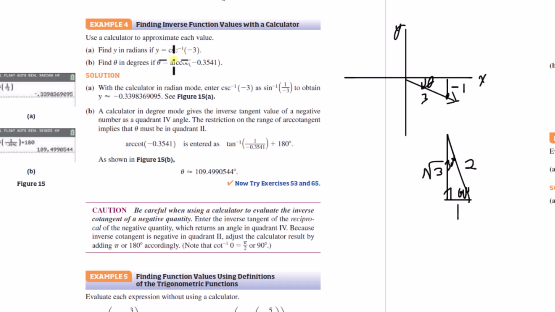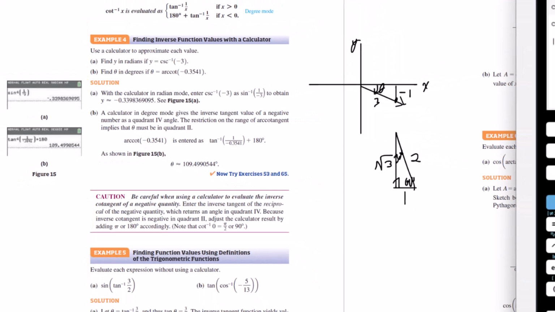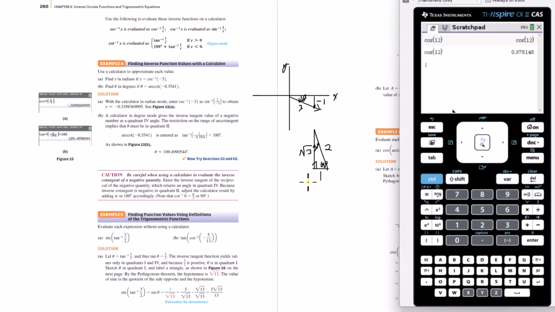But it's minus 3, so the calculator uses a numerical method to get this angle. There's no way to get an exact value like 1 over 2 or root 2 over 2 for this angle.